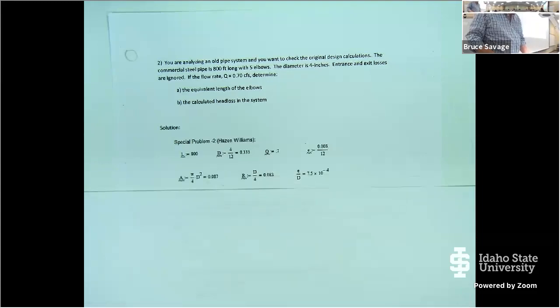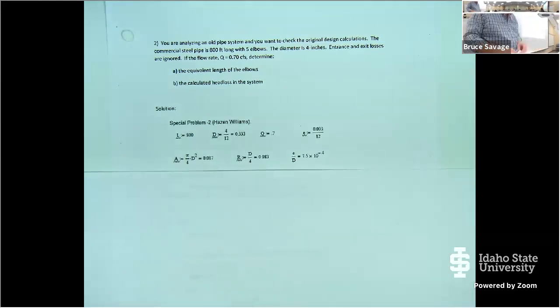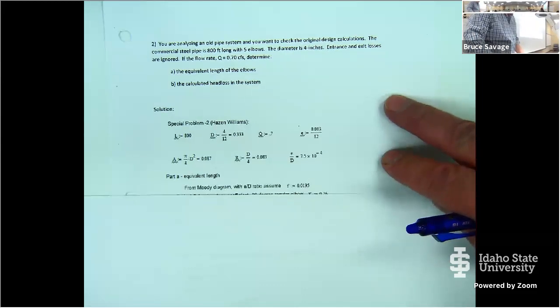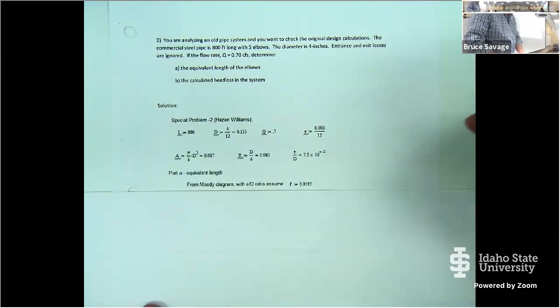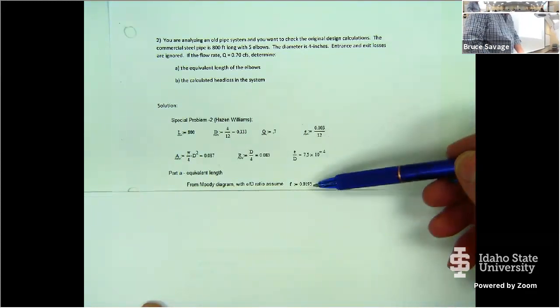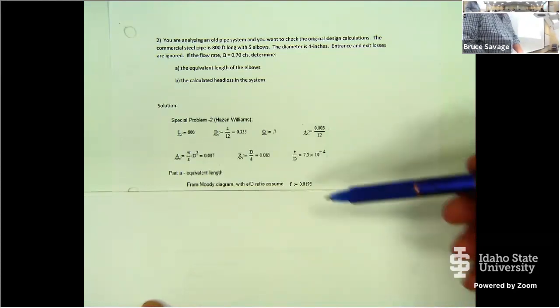For the solution, I calculated a few things. I got my diameter in terms of feet, my length, my flow rate. For right now, don't worry about this E and E over D. We're going to assume a friction factor of 0.0195.